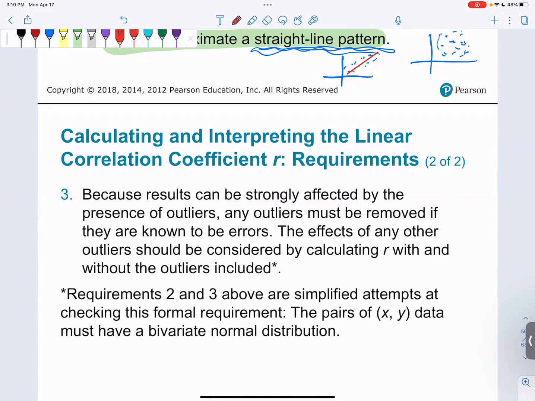So if we have outliers, we remove those outliers before we study. Okay, so if we have outliers, those outliers must be removed if they are known to be errors. Sometimes it's a human error. So instead of writing 10, I wrote 100.